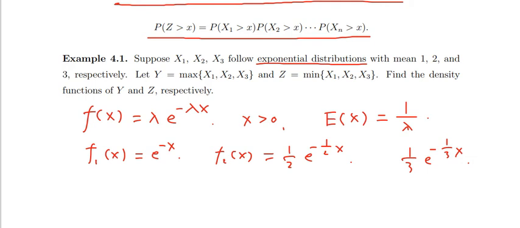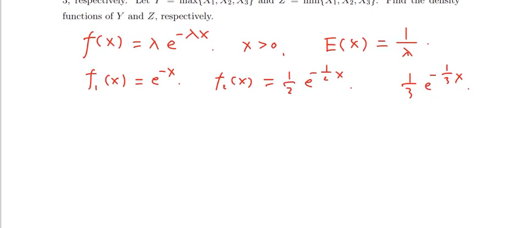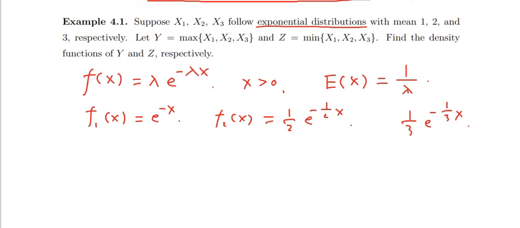Okay, so for the exponential distribution, we have: if X is less than x, the probability equals 1 minus e^(-lambda x).